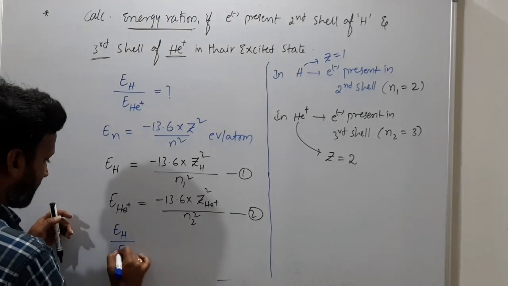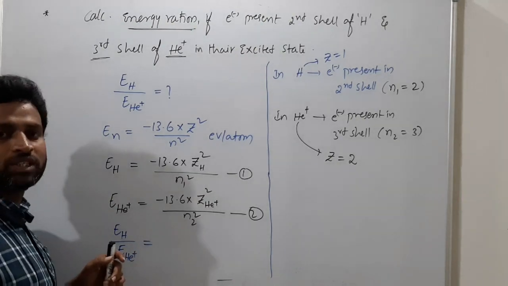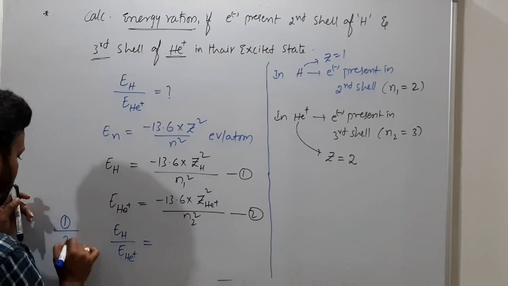So I want the ratio EH by EHe+. For this, what to do? Just divide equation 1 by equation 2.